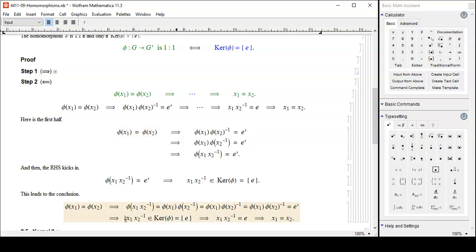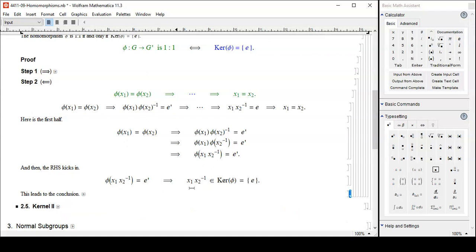And then x1, x2 inverse belongs to the kernel, but the kernel is just E. So x1, x2 inverse is E, and bingo, x1 is equal to x2, that follows. Cool. This whole thing is a bit hard to follow. So let's do one more.